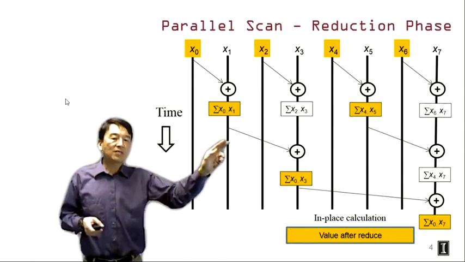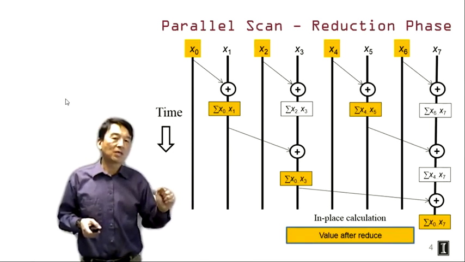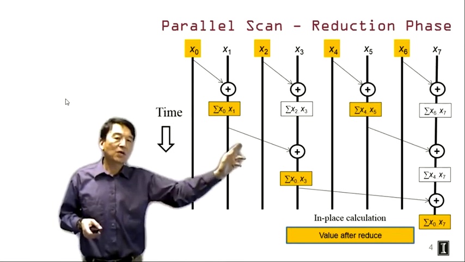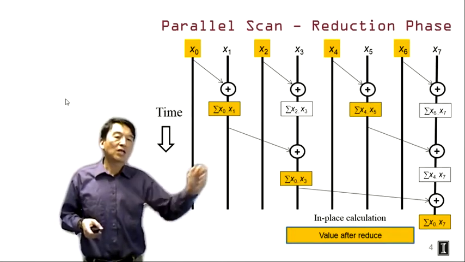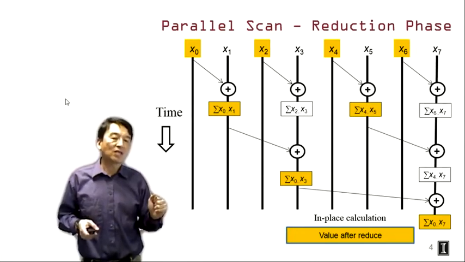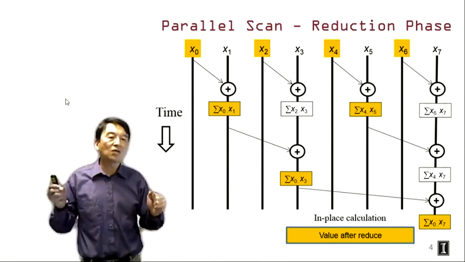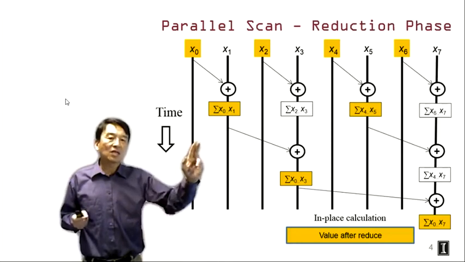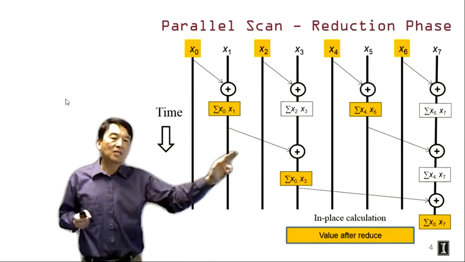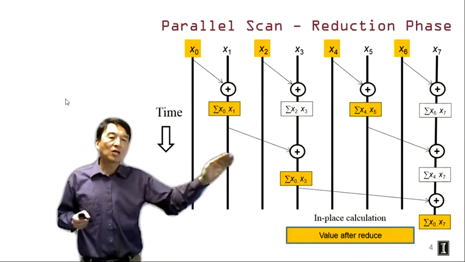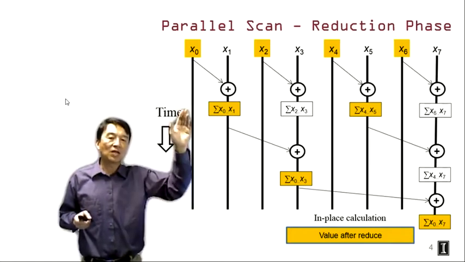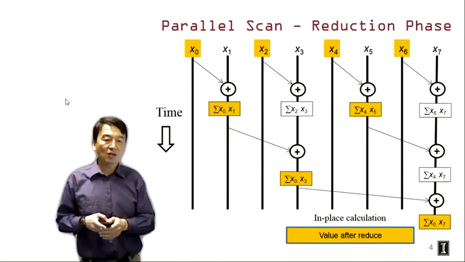And we also have some locations where these values are not the final answer. For example, x5 position has only the sum of x4 and x5. We're still missing x0 through x3. Obviously, the even elements are pretty much all far away from the final answer because they still contain the original element values.